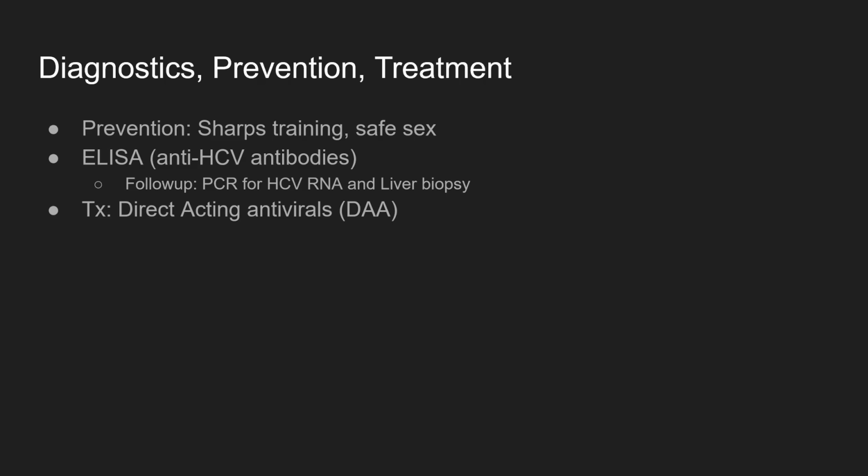If someone does have it, they can follow up by doing a PCR amplification of the blood to see if the hepatitis C virus RNA is present in the body, and also do a liver biopsy to look at a piece of the liver tissue and do some more diagnostics on it. Treatment for hepatitis C would include basic antivirals. Usually this treatment is given over, I believe, 12 to 24 weeks and will resolve the virus pretty quickly.